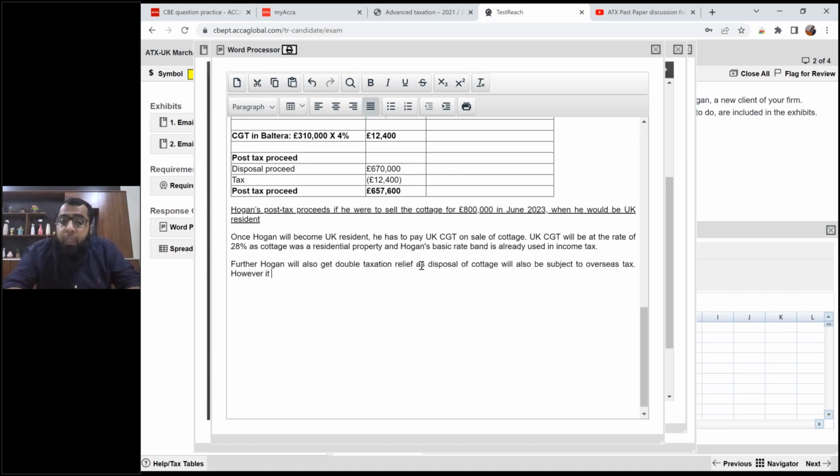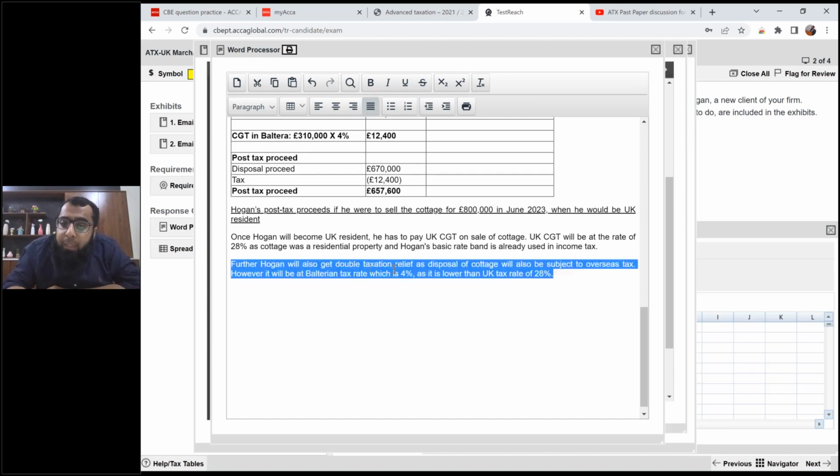However, it will be at the Baltirian tax rate, which is 4%. You need to remember this, as it is lower than the UK tax rate of 28%.